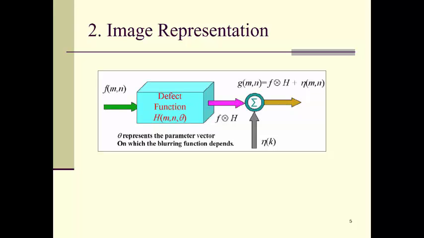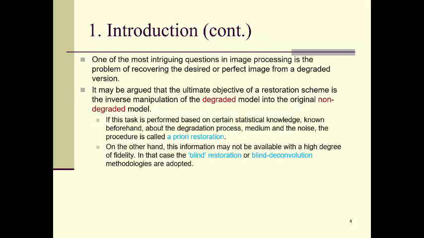This is just a simplification of what happens. Of course, these things are happening in a distributed way. We cannot separate them from each other. But this is one of the simplest ways of giving a mathematical model of what is happening while, for example, capturing an image and the effect of the errors on this image. Okay? Do you have any question?